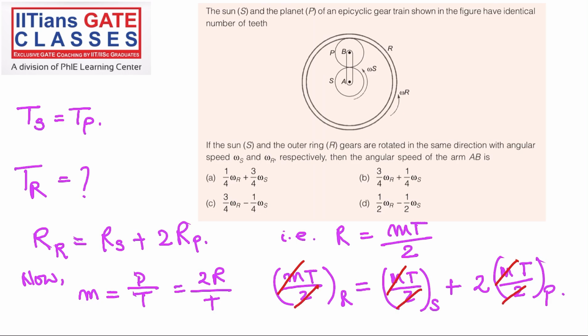So from here we can see that the number of teeth on ring gear is equal to, since teeth of the sun gear and teeth of the planet gear are equal, 3 times teeth of sun gear, that is equal to 3 times teeth of planet gear. Okay, so we have the relationship among the number of teeth. What after that? After that, we just need to make the table.